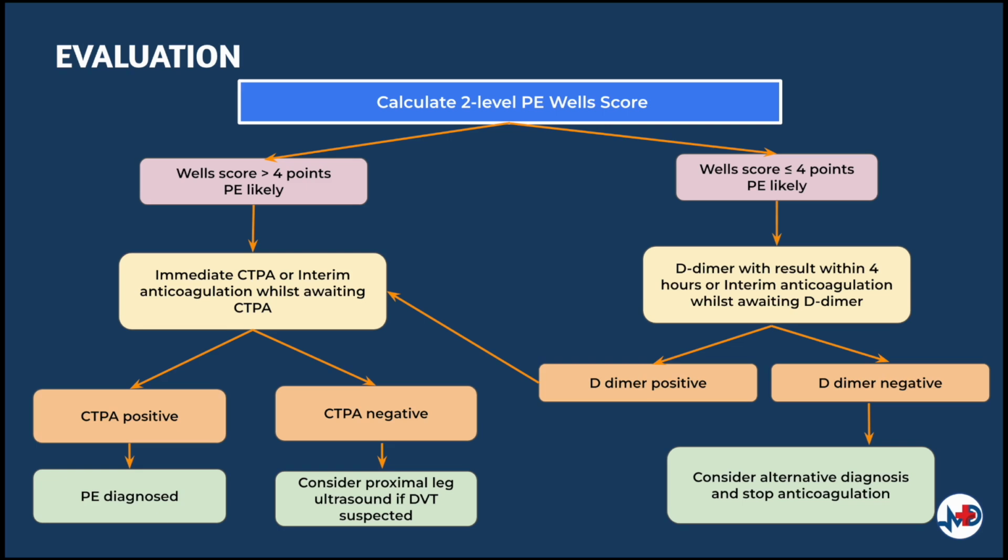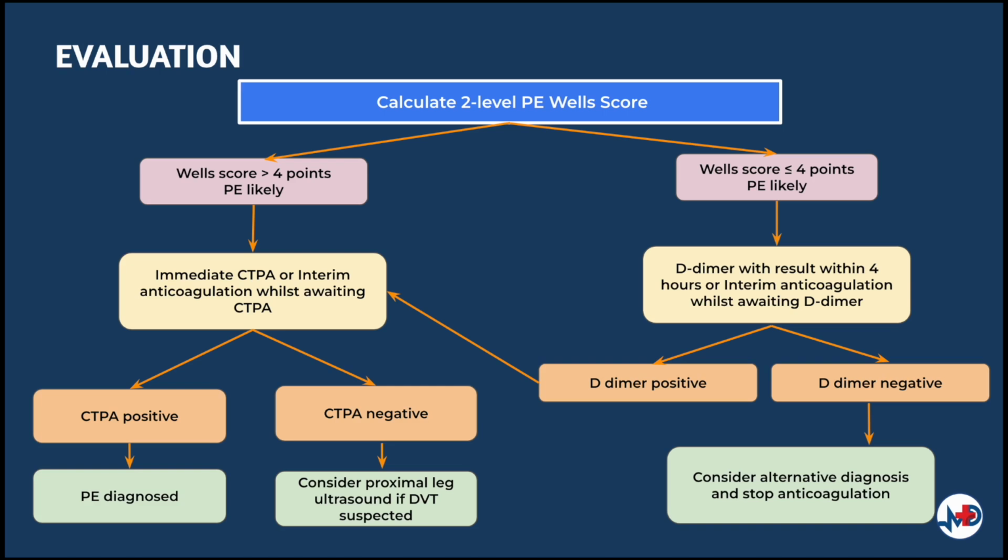They now recommend using an anticoagulant that can be continued if the result is positive. This means normally a direct oral anticoagulant such as apixaban or rivaroxaban. If the CTPA is positive, then a PE is diagnosed. If the CTPA is negative, then consider a proximal leg vein ultrasound scan if DVT is suspected.